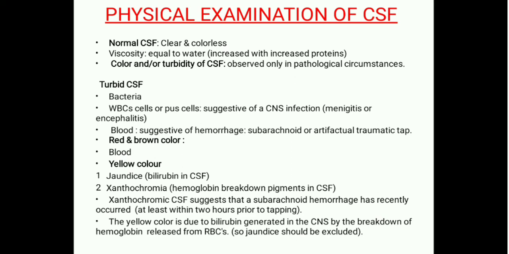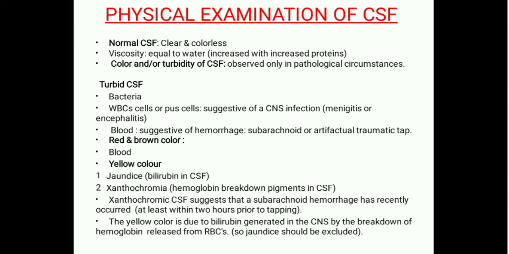Blood: the presence of blood is suggestive of subarachnoid hemorrhage or traumatic tap. Red and brown color. Yellow color: jaundice, bilirubin in CSF, hemoglobin breakdown pigments in CSF.